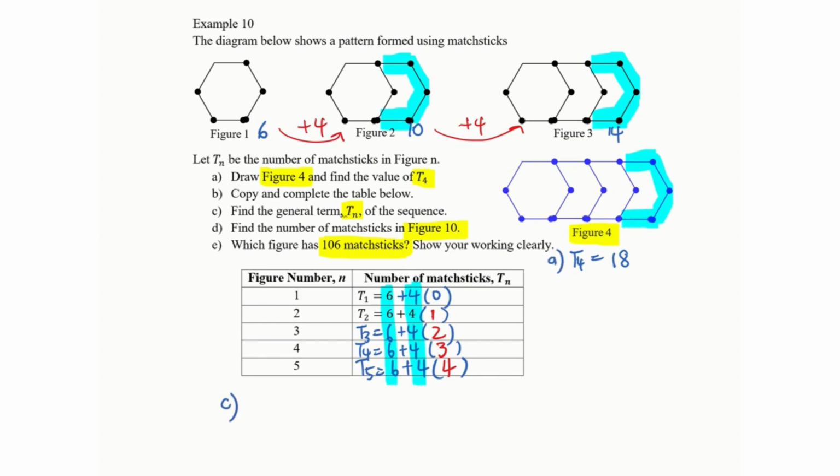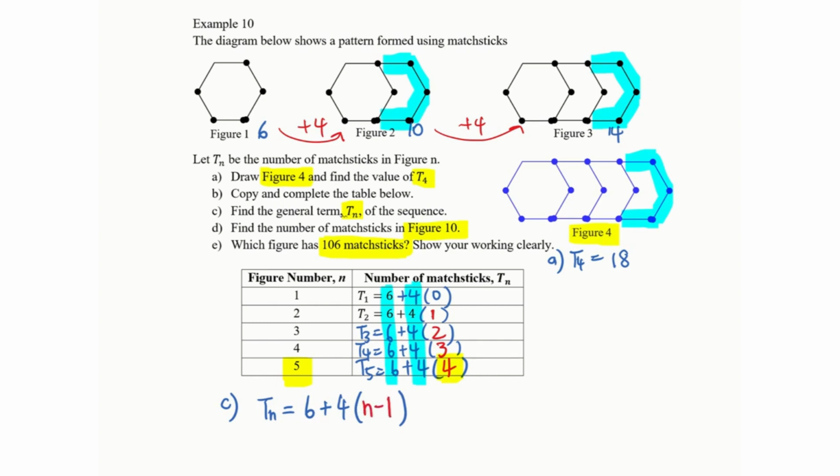It says find the general term Tn of the sequence. You realize that the term within the brackets is always one less than the figure number n. So in this case, Tn will be equals to the starting number 6 plus the common difference 4 bracket n minus 1.